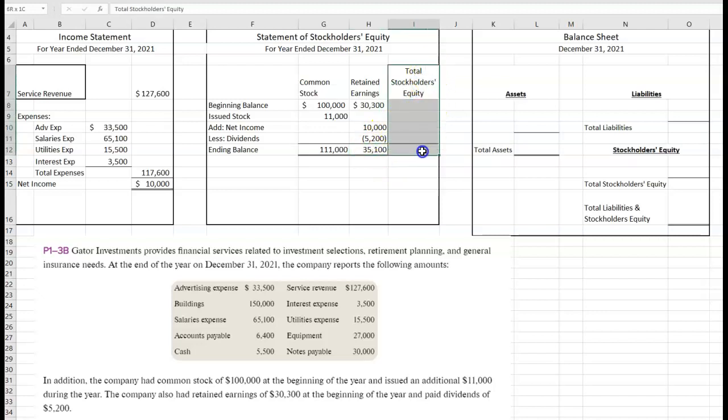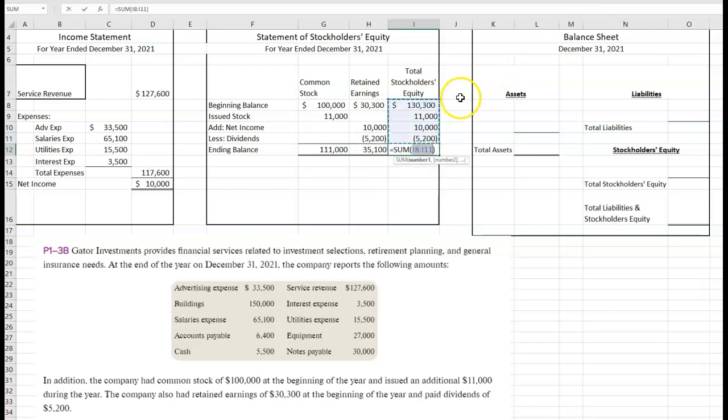This last column is simply a total of everything that happened. So we're just going to add this and add this. So the beginning balance total for stockholders' equity is that amount. I will simply add each row across. That's all that last column is. And then I'm going to total this up and down again.